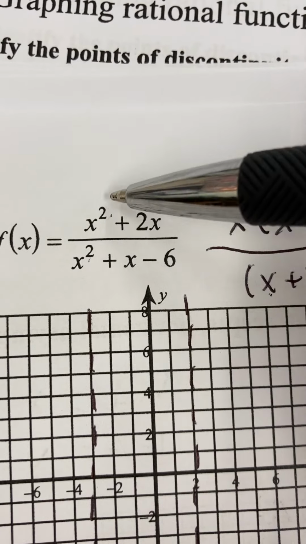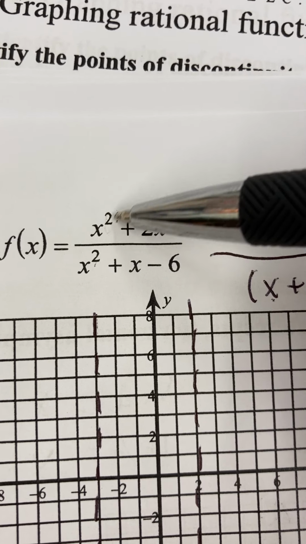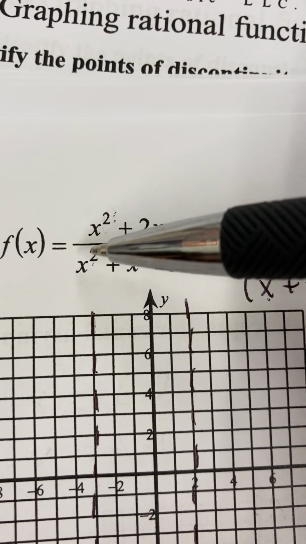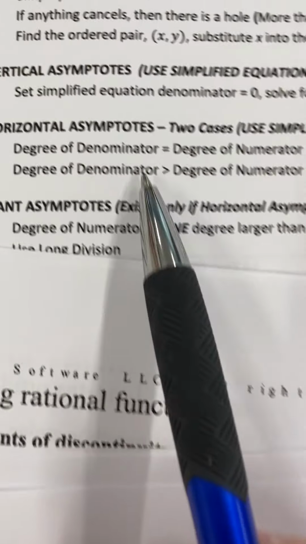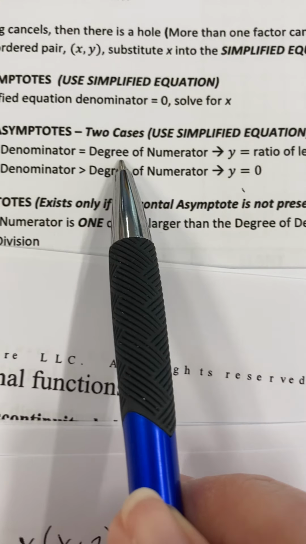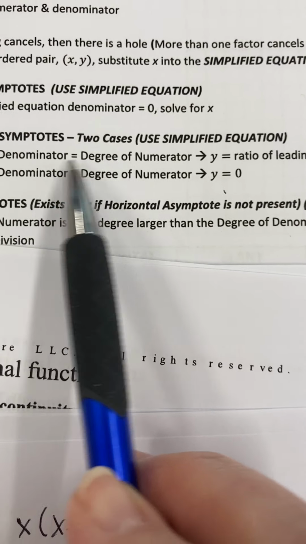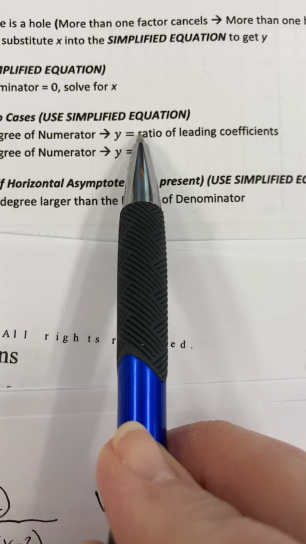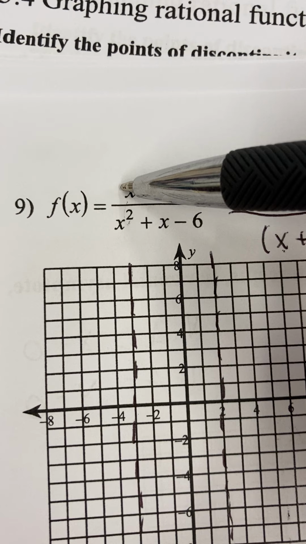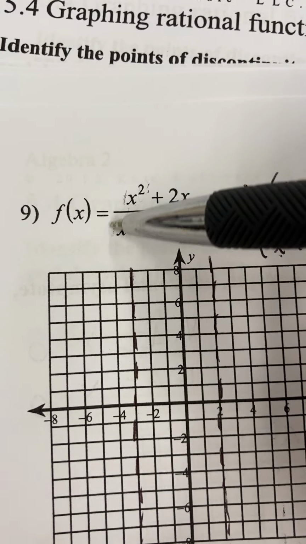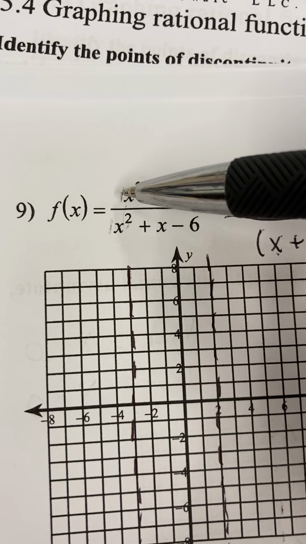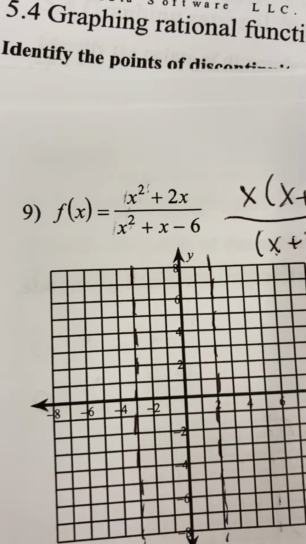The next thing we're going to do is try to find our horizontal asymptote. This has a degree of 2. Remember, your degree is your highest exponent. So the degree is equal in the numerator and the denominator, so I want the ratio of the leading coefficients. The leading coefficient here is 1, and the leading coefficient here is 1, so I just want the ratio, which is 1 to 1.